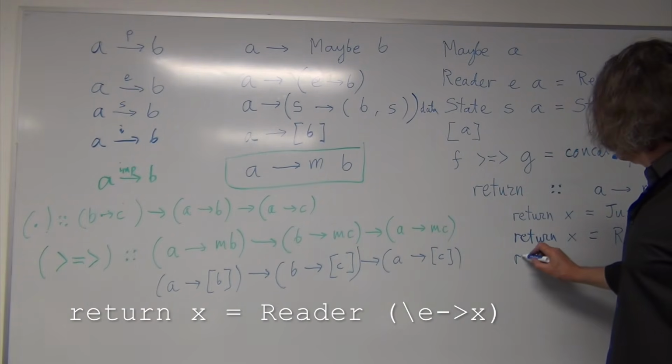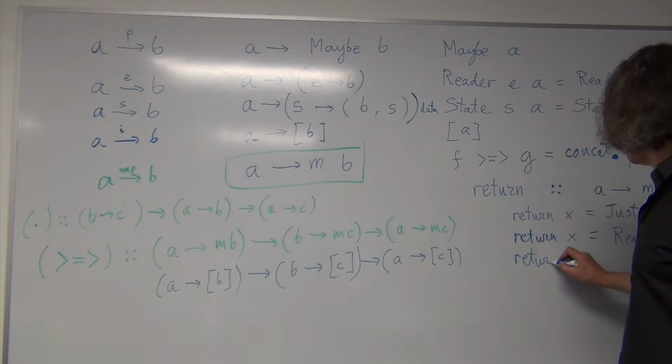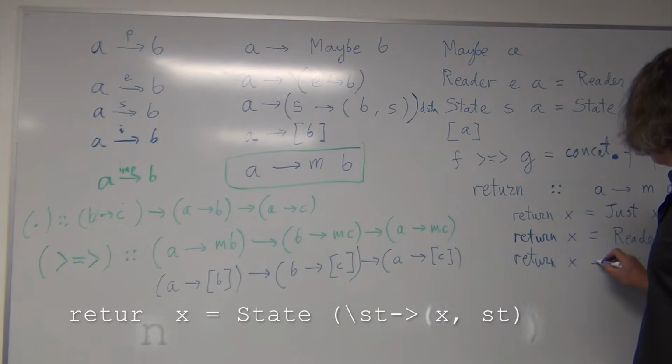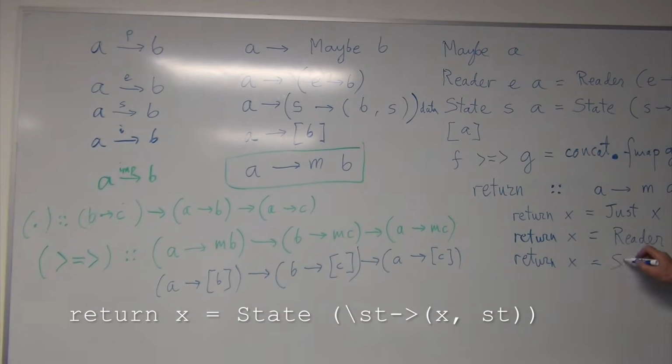For state, very similar. It will be state, and again lambda st, right? And now it has to return a pair, okay? A pair of x, that's something of type A that we have at our disposal.